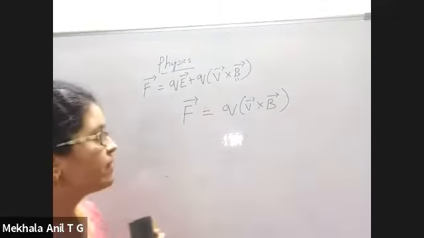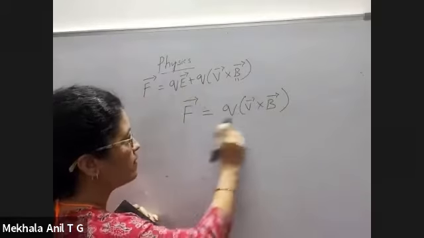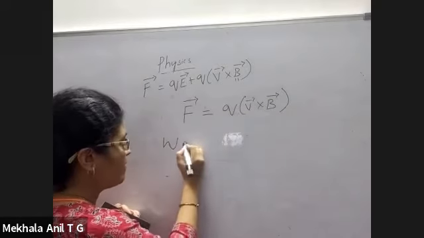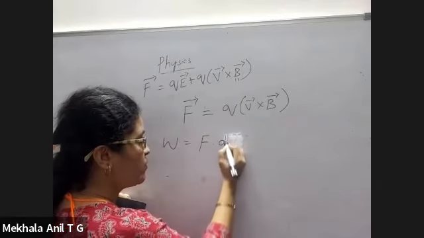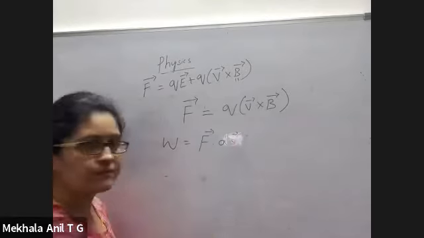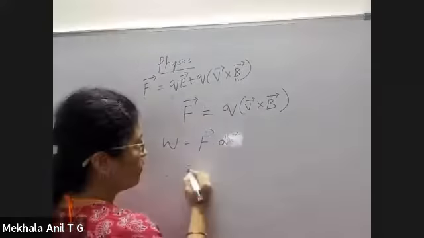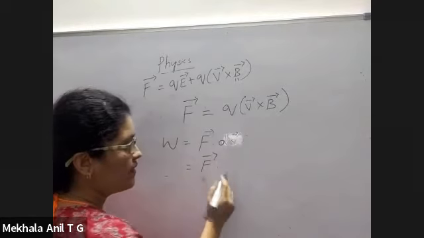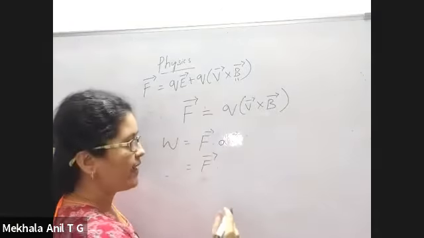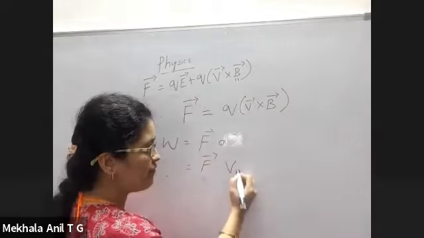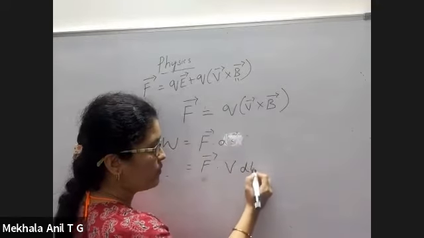Okay. Now, what is work done? Work done is nothing but force into displacement, which is force into velocity into time. I can write it as F dot v into dt.